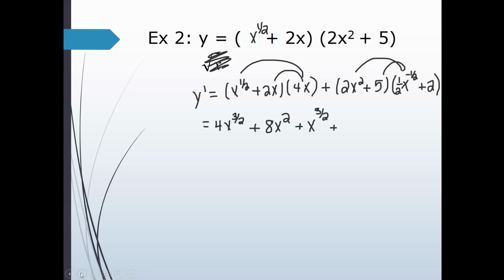And then 5 over 2, x to the negative 1/2. And then 2 times 2 is 4x squared. And 2 times 5 is 10.